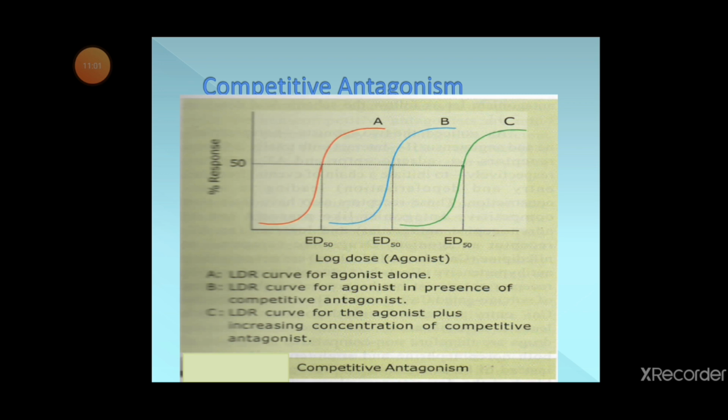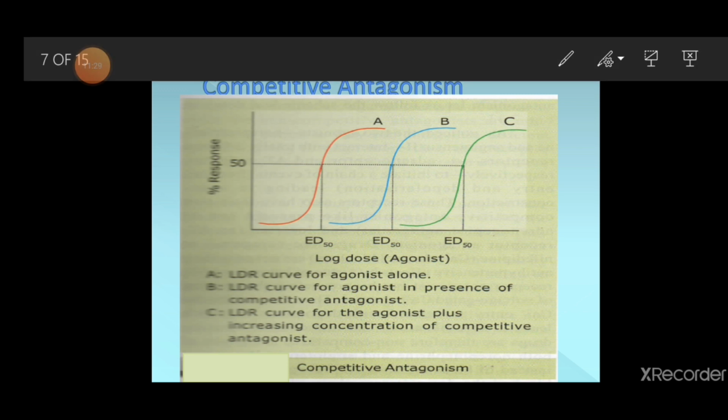When you increase the concentration of antagonist, you have to give even more dose of agonist. So in the presence of competitive antagonist, there is a rightward shift of LDR curve. Rightward shift of LDR curve means more distance from ordinate is obtained, because you have to give more dose of agonist to obtain the same amount of response.